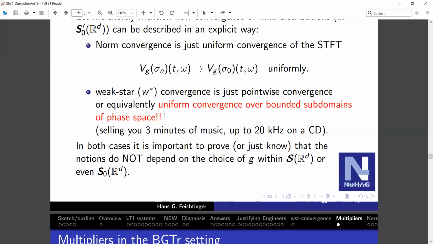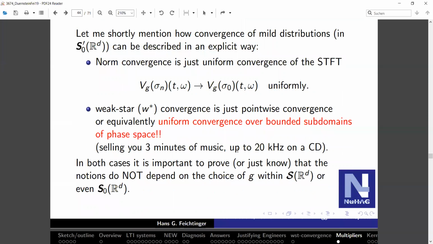So my standard joke is, if you're buying a CD, somebody has recorded the spectrogram, actually a sampled spectrogram that's close to Gabor expansion, up to frequency 20 kilohertz, actually even more, but that's what is stored on the CD, even a little bit quantized, and only for those 3 minutes. But you don't care.